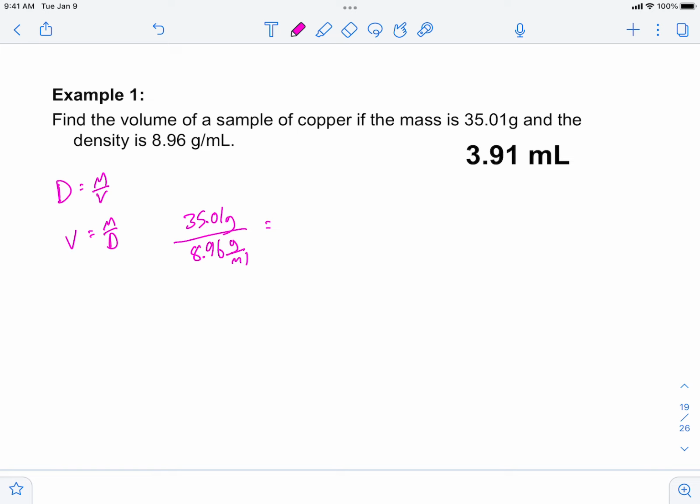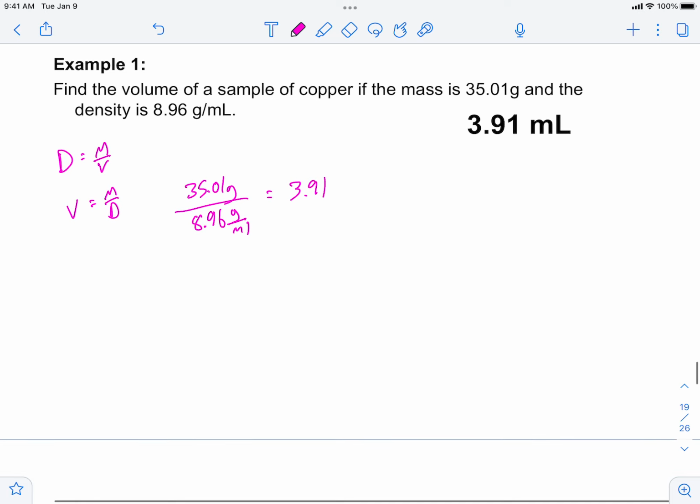Numerically, we are dividing, so from division, you know that the number of sig figs is limited to whichever number has the fewest. The first number has 4, the second number has 3, so our answer can have 3 sig figs. The answer is 3.91, but I want to talk a little bit about the units.